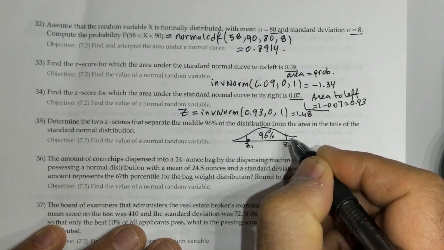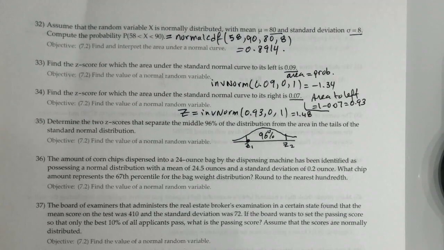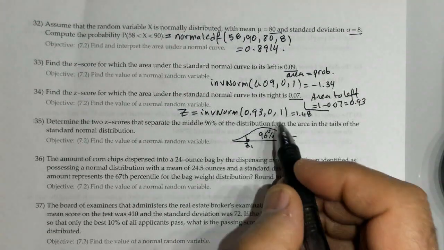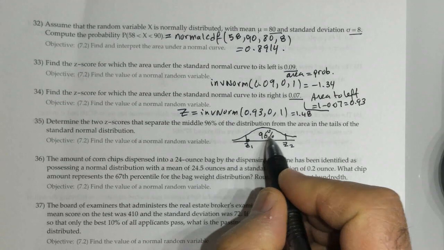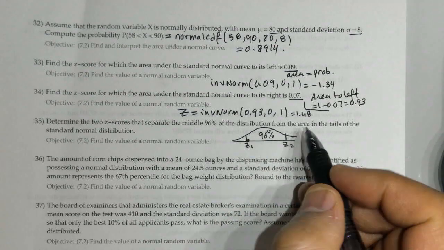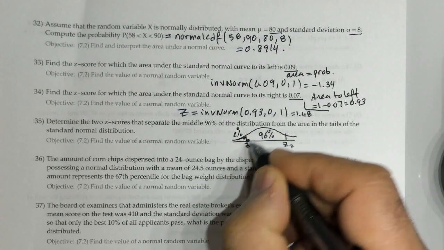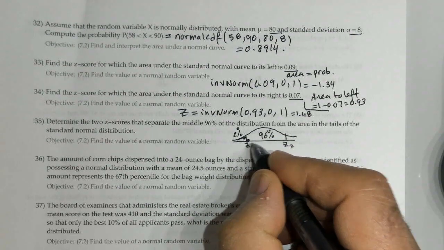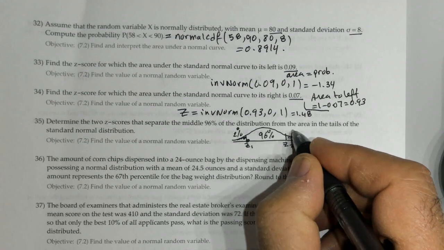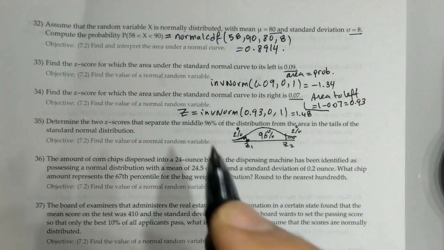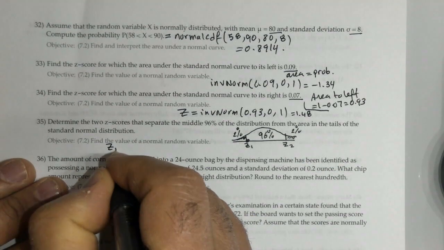So one is going to be negative and one is going to be positive. Here's how you can do that, guys. If there is 96% here, what's left for the tail? 4%. But if you split them up, you get what for each one? 2%. So the area to the left of z1 is 2%, and the area to the right of z2 is 2%.